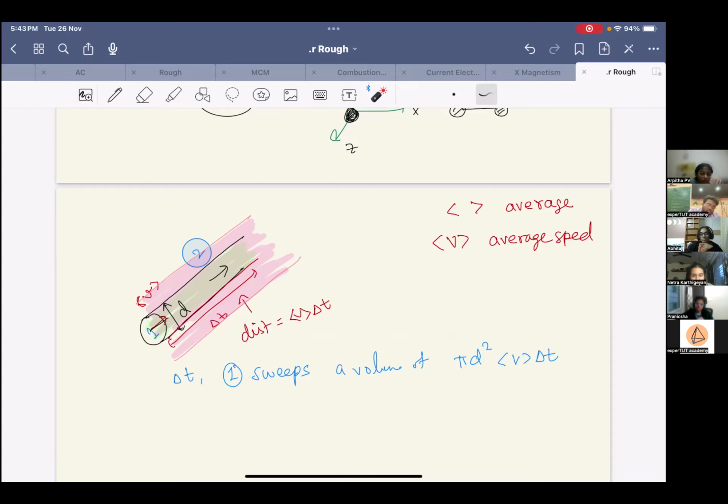Okay. Now it sweeps a volume of pi d square v delta t.